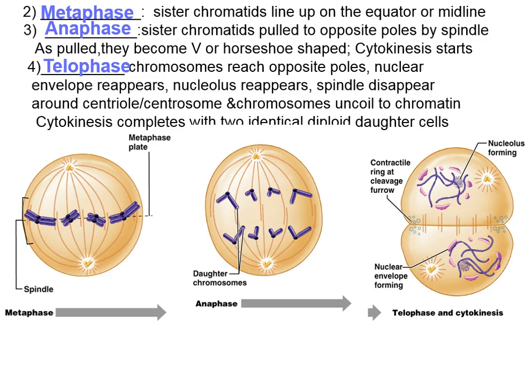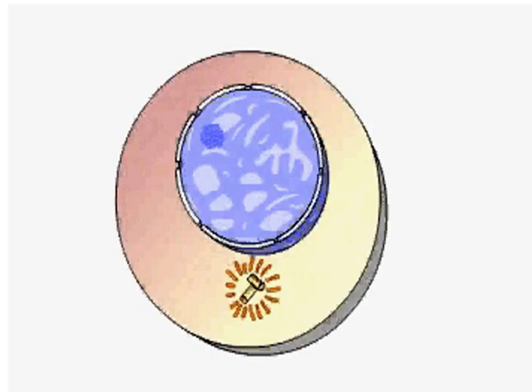They're going to disappear in telophase. Remember that your chromatin thinned out into chromosomes in prophase. Well, the chromosomes are going to uncoil into chromatin, and then your cytokinesis is going to be complete, and you're going to have two separate daughter cells that are identical to the mother cell.